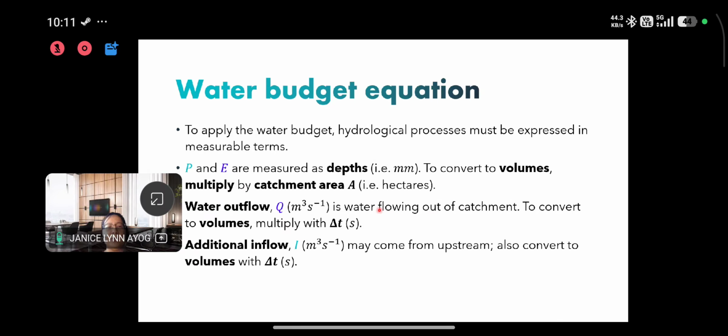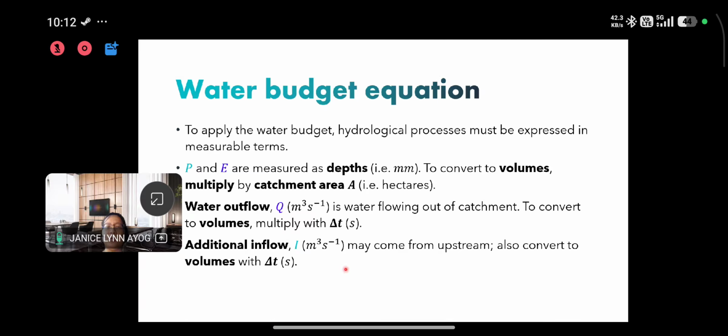Same as the inflow. The inflow is also normally given in cubic meter per second. Basically inflow is whatever water goes into the catchment. One of it is precipitation, but precipitation is in depths, while this one here is in cubic meter per second.